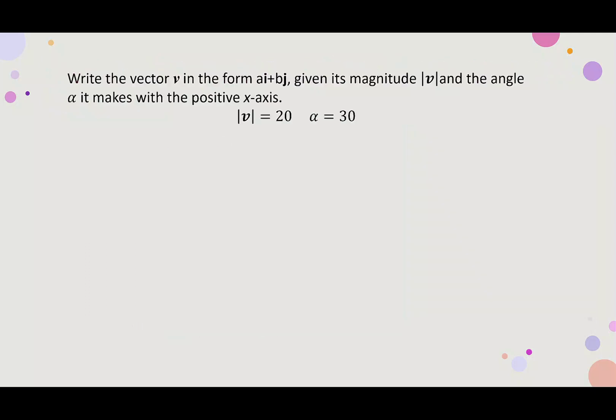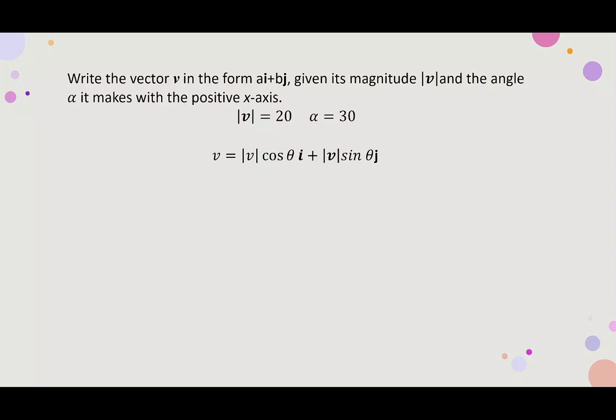Let's write the vector v in the form ai plus bj given its magnitude |v| and the angle alpha it makes with the positive x-axis. We're given that the magnitude is 20 and alpha is 30 degrees. We'll start by bringing in our formula. v will be the magnitude of v times the cosine of theta i plus the magnitude of v times the sine theta j.